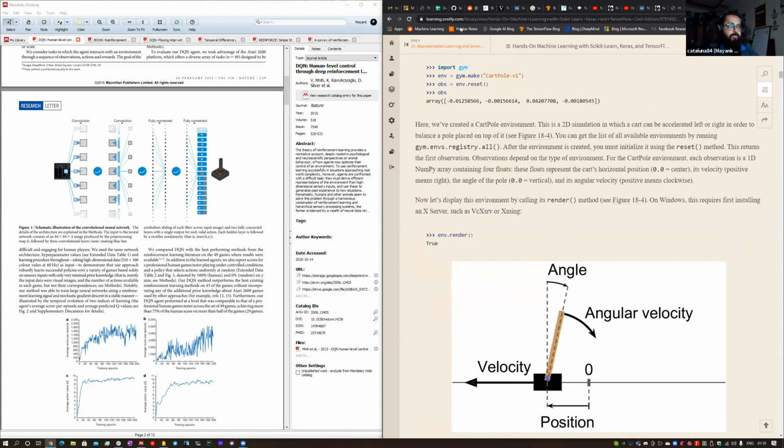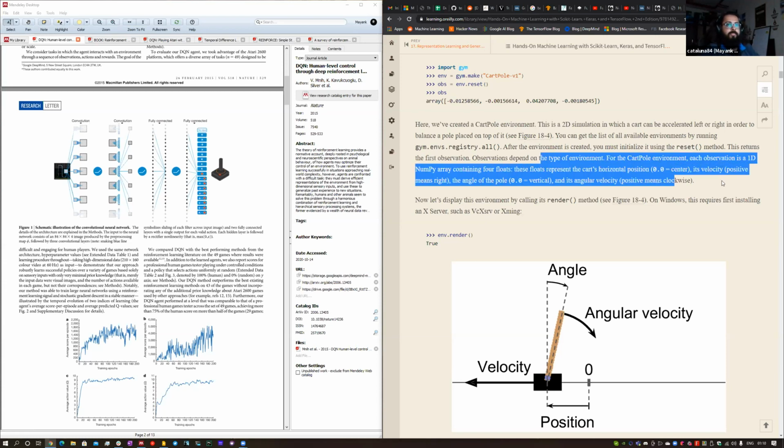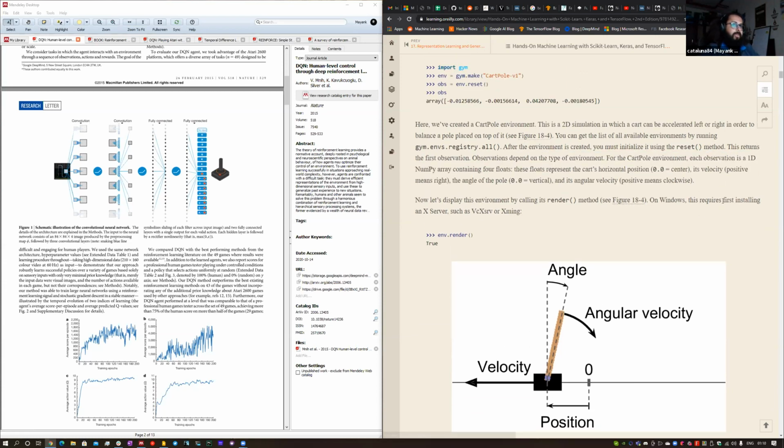So these are the 4 parameters that we get, and we perform updates based on these 4 parameters in this CartPole-v1 environment.